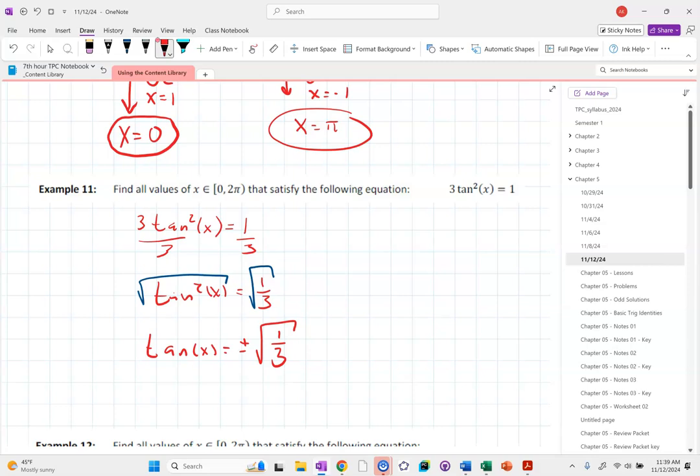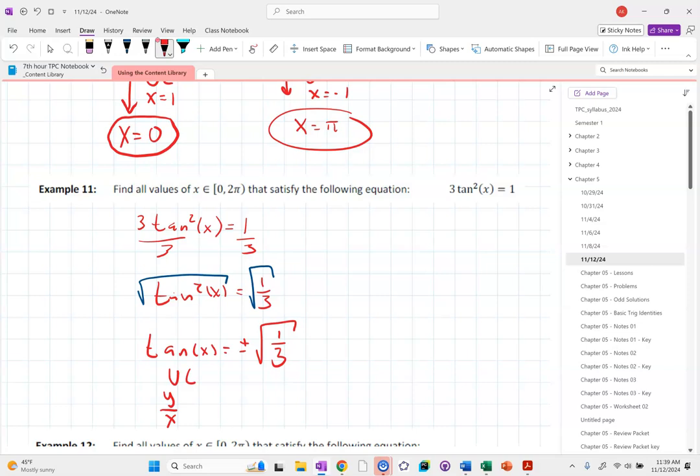So far, so good. Now, remember, on the unit circle, tangent is y over x, right? So I don't really like the way that my answer is currently written as plus or minus square root of 1/3. I'm going to rewrite that so it's like number over number, so it's a little easier to deal with.